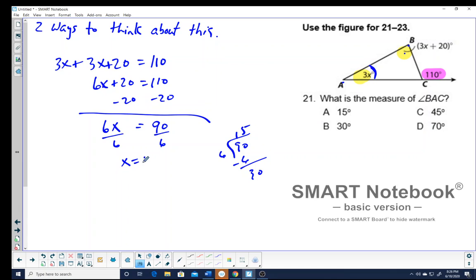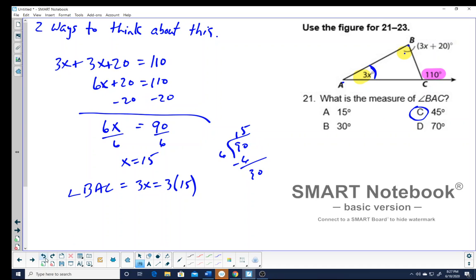X is 15. Does that mean the angle is 15? Is A the answer? No. BAC is this angle here, which is 3x. So now that we know x is 15, then BAC would be equal to 3x, which would be 3 times 15, and 3 times 15 is 45. So we know that C is the answer.